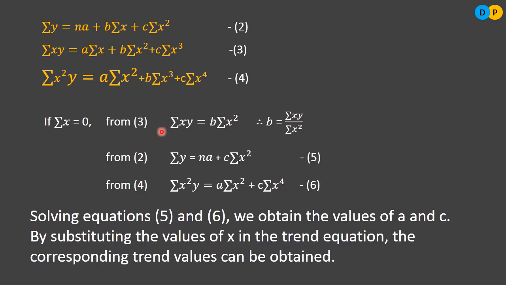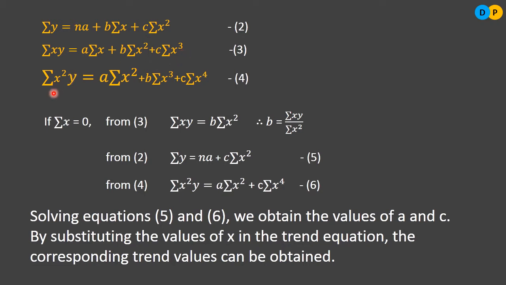The three normal equations are, the first one: summation y is equivalent to na plus b summation x plus c summation x square. This is the first normal equation. The second equation is summation xy is equal to a summation x plus b summation x square plus c into summation x cube.